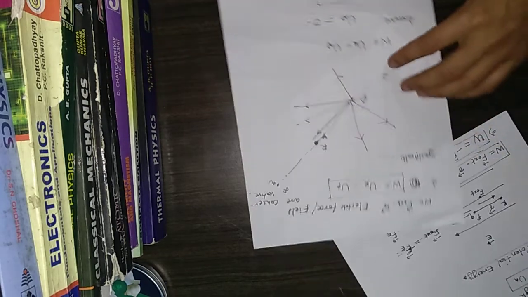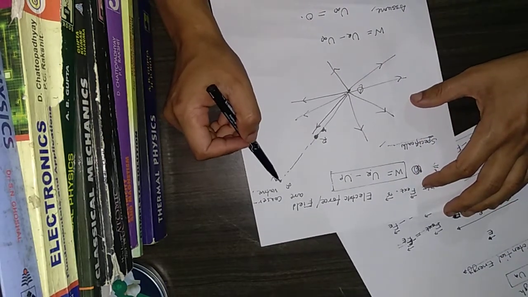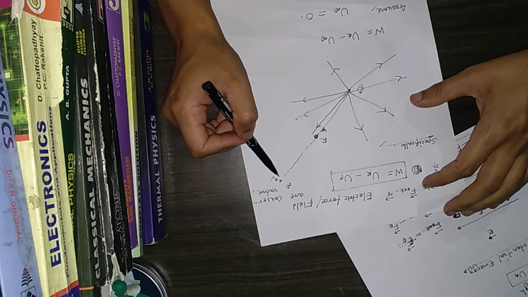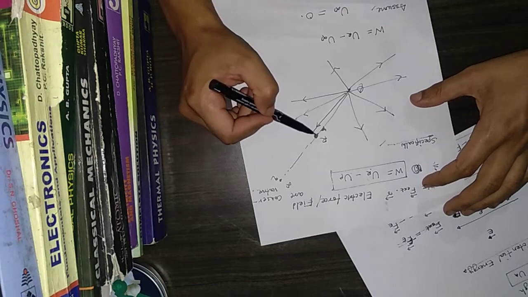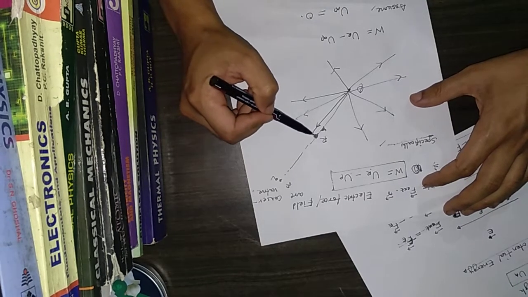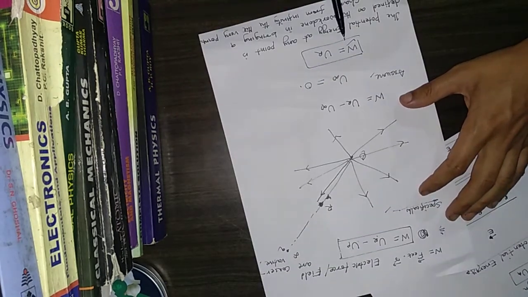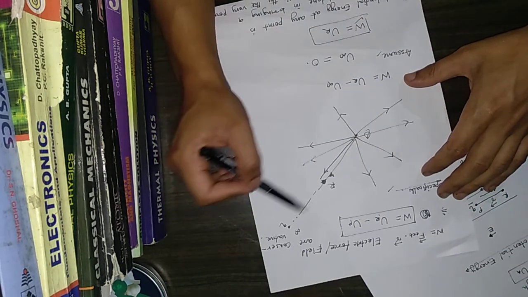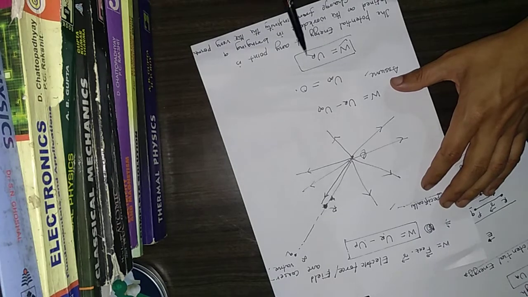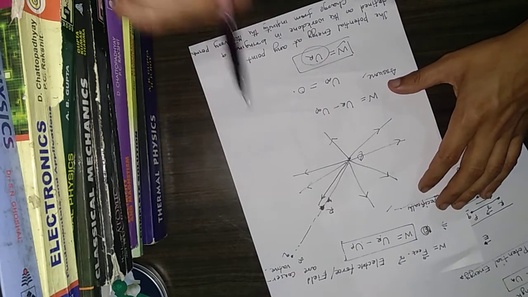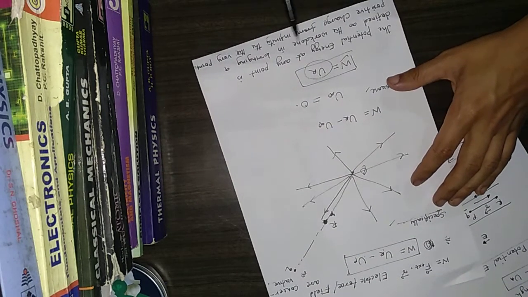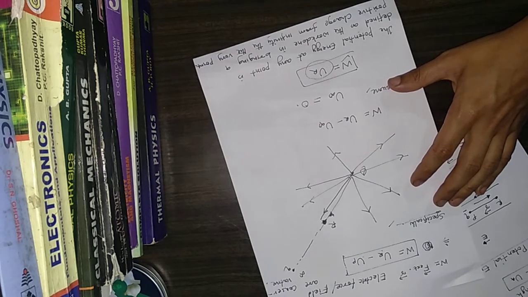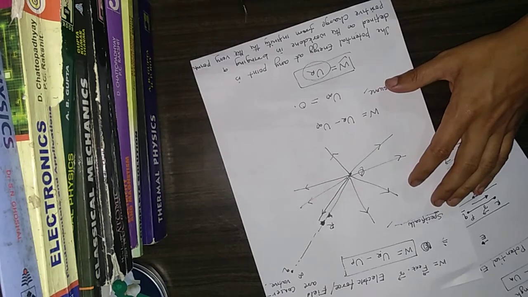Meaning, if we bring a positive charge from infinity to any point, then the total work done in this process will be nothing but the potential energy at the point itself. In this case, the potential energy in bringing a positive charge from infinity to R is nothing but UR only, that is the potential energy at that point only. Therefore, the potential energy at any point is defined as the work done in bringing a positive charge from infinity to the very point.